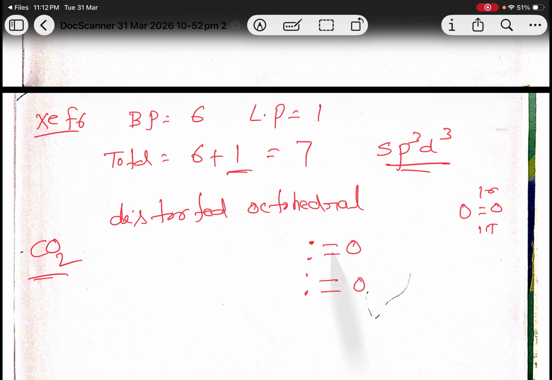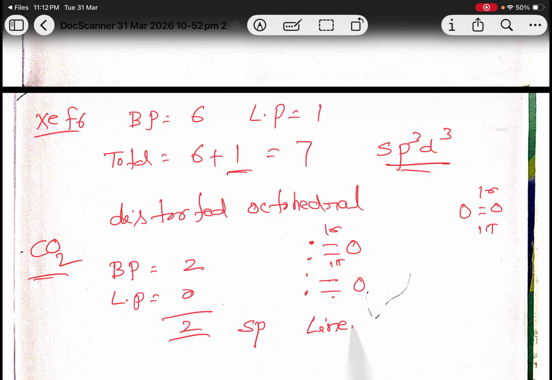Among the double bond, one sigma bond, one pi bond. Similarly, one sigma, one pi bond. So here for bond pair of electrons you have to consider only the sigma bonding electrons. So here bond pair of electrons are equal to only 2. Lone pair of electrons 0. So total equals 2. 2 means sp hybridization. Structure is linear.